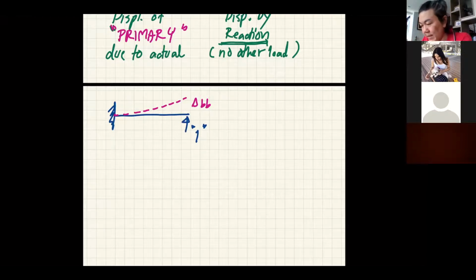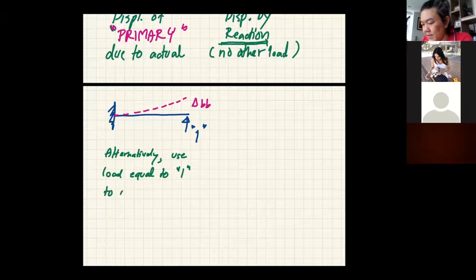So when I look at this, I can easily calculate the displacement due to the load that is equal to 1, right? So I can say alternatively, use load equal to 1 to calculate displacement.